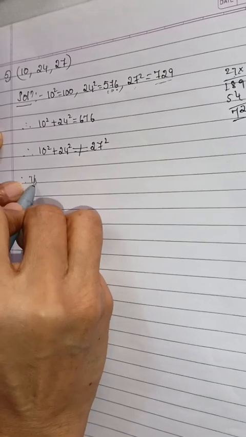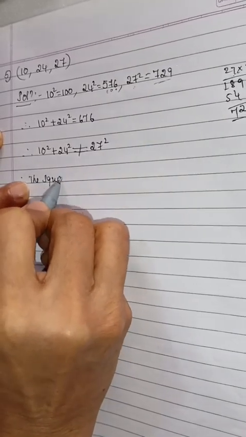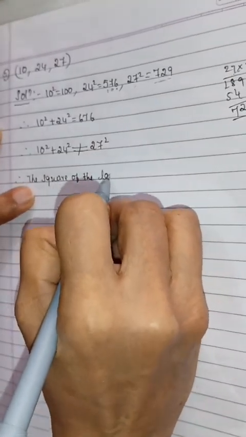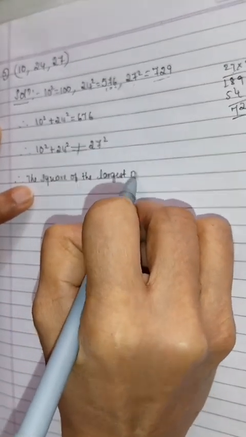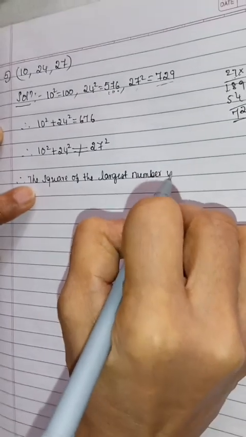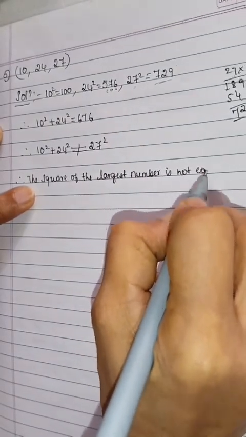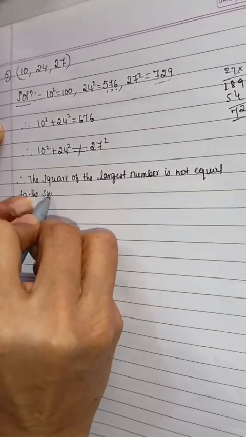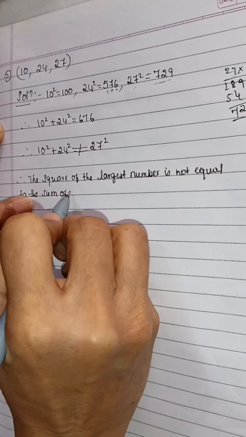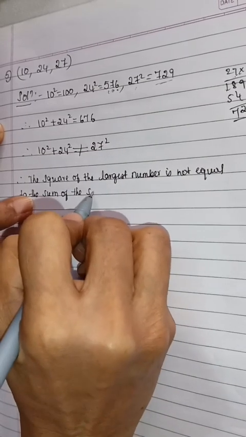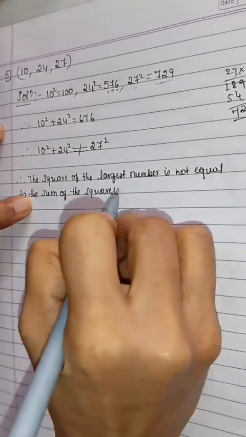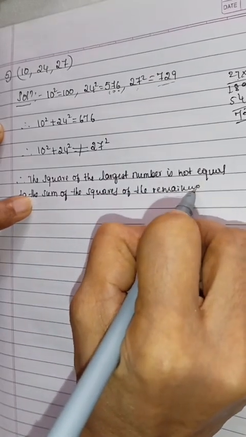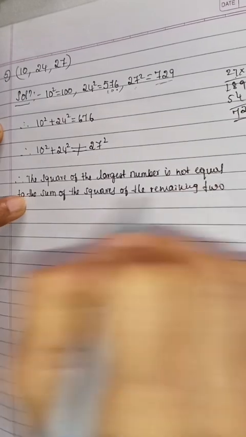Therefore the square of the largest number is not equal to the sum of the squares of the remaining two numbers.